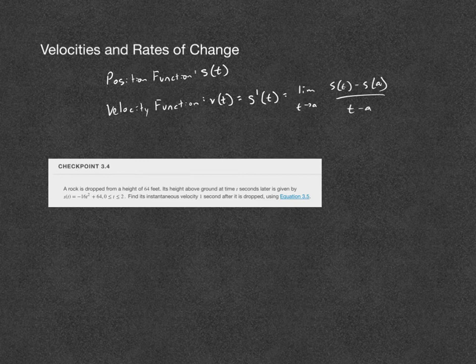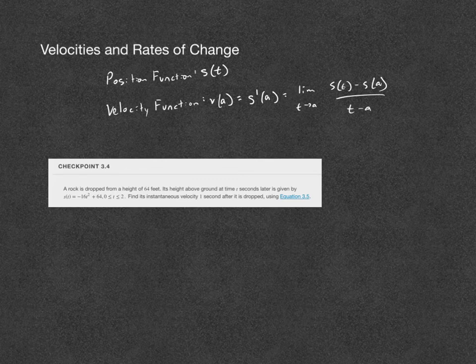Actually, let me just correct something there. In the text, they don't use v of t. They use v of a at some point a, s prime of a. So I'm just switching those t's to a's. All right, but it is the same idea, the same concept. Okay, so we're going from average velocity. If I take the limit as that change gets small, then it becomes the instantaneous velocity.